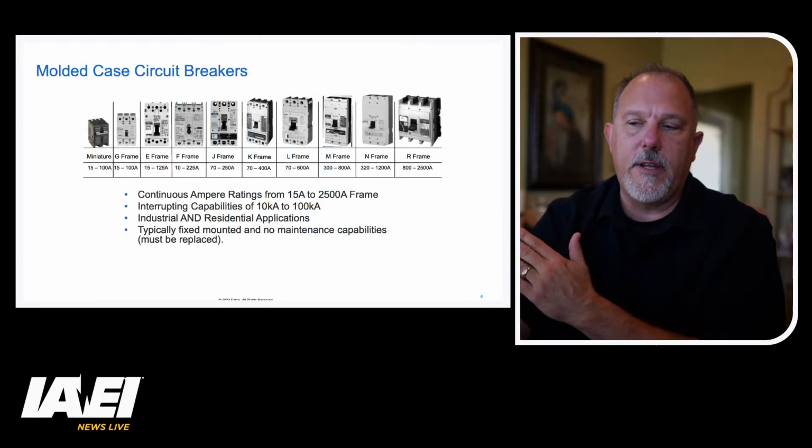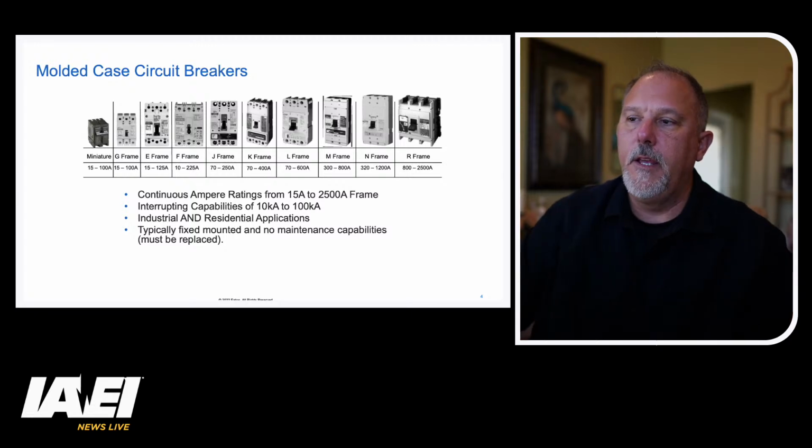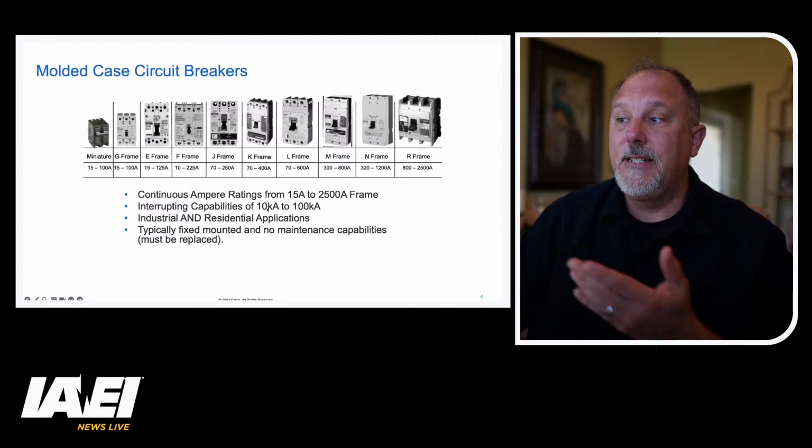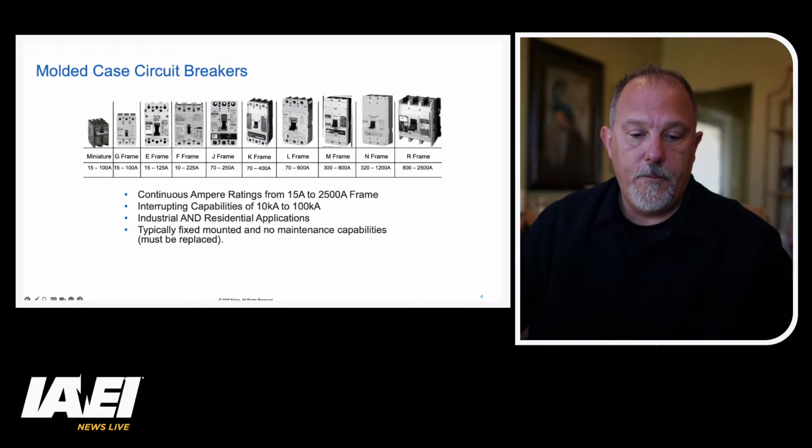There's your whole case of molded case circuit breakers, always up to 2,500 amps, and look at the interrupting ratings, interrupting capabilities, 10,000 amps to 100,000 amps. Now, what happens?